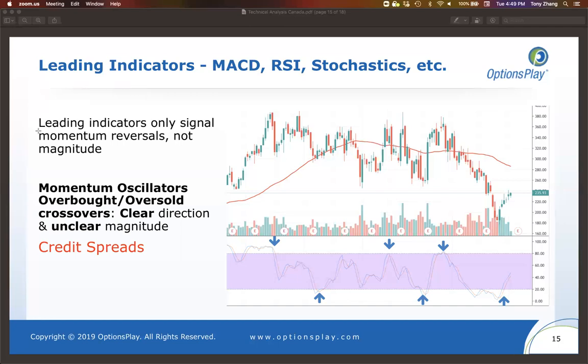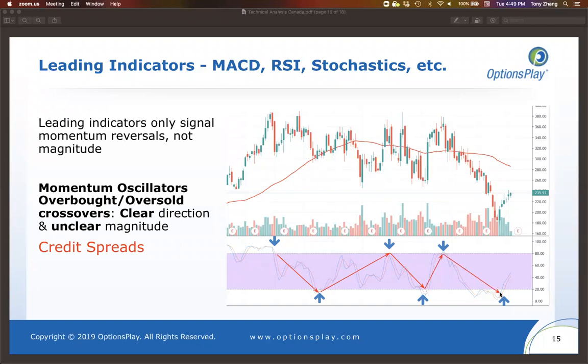The one thing to really remember with these types of strategies is that these are indicators trying to gauge momentum, and they're trying to gauge whether momentum is slowing down or reversing, or whether they're heading higher or lower. And these indicators all range between an upper bound and a lower bound, and they simply oscillate between these two bounds.